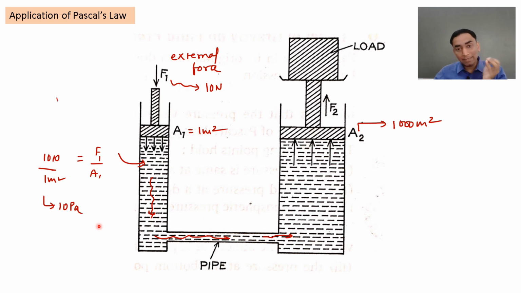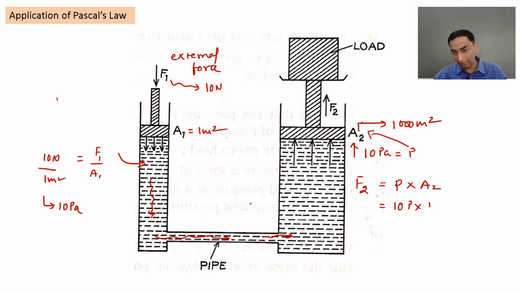It is the 10 pascals of extra generated pressure. Let me call this P. So the force F2 in the upward direction is pressure times A2, that is 10 pascals times 1000 meters square. So the force generated is 10,000 Newton. Due to this tremendous upward force, this heavier load can be lifted. That is the meaning.